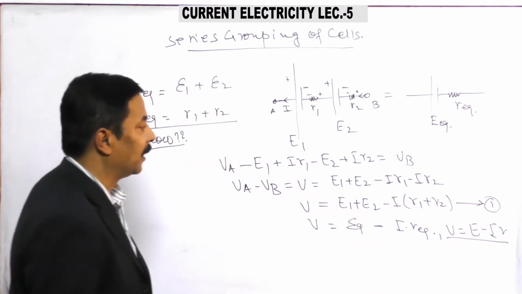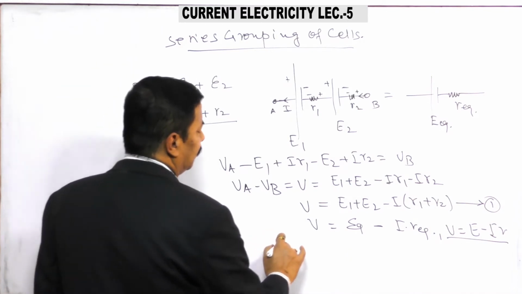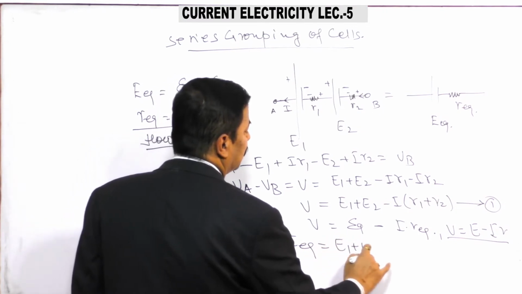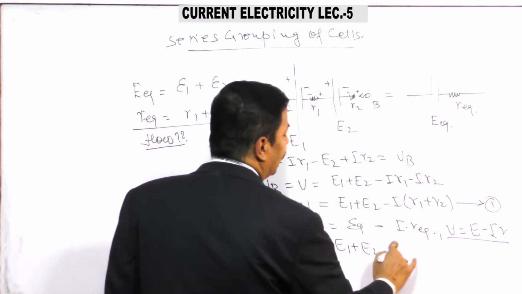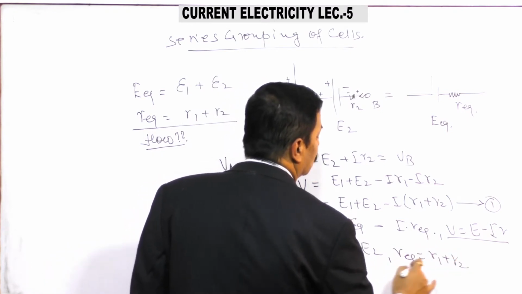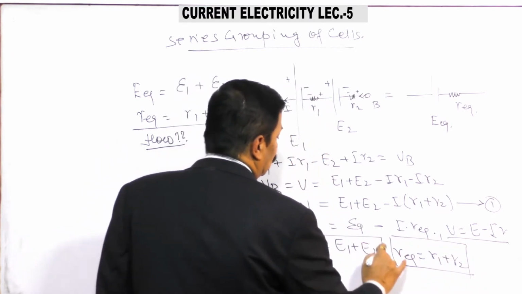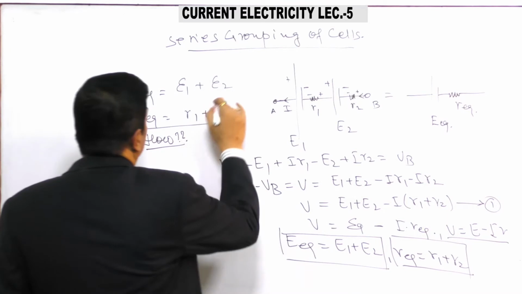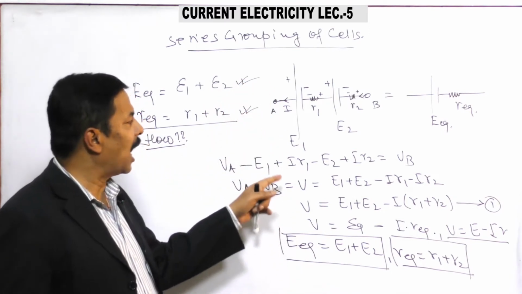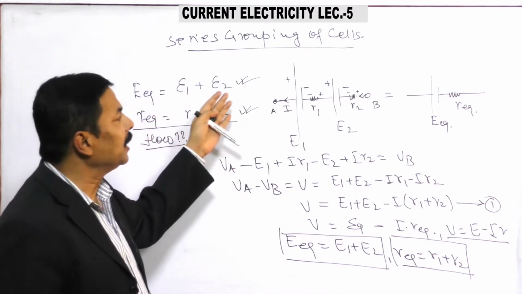If you compare in this way, then we get E equivalent equal to E1 plus E2, and R equivalent equal to R1 plus R2. This is the result that is given here. So this is the proof of how in series combination we do it in this way.